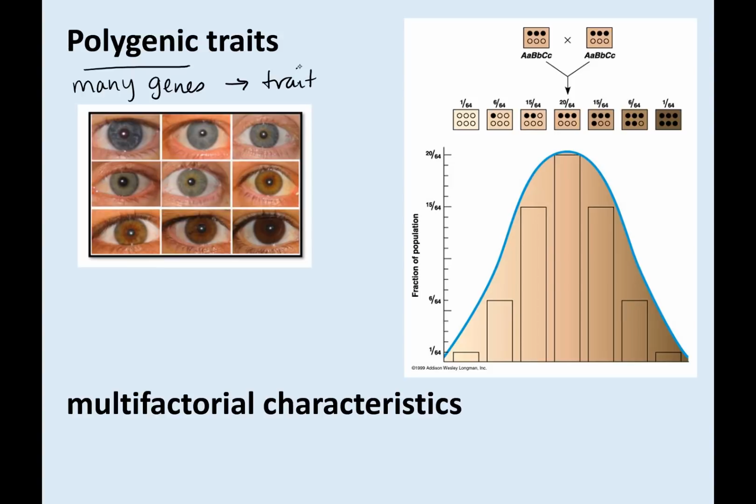So eye color is not brown or blue. Brown and blue make green. Right? There's huge variations because there's many genes that control our eye color. And on top of that, you can have what we call multifactorial characteristics, which means not only many genes that affect that trait, but the environment has an effect too.